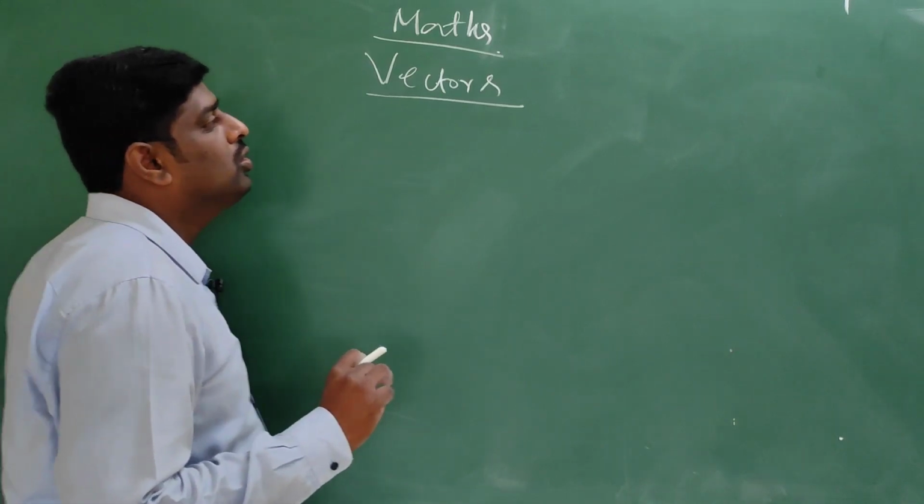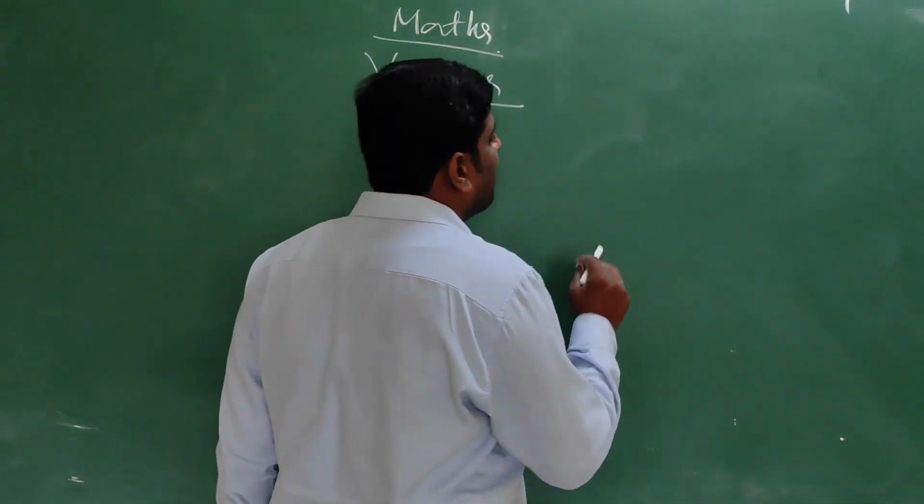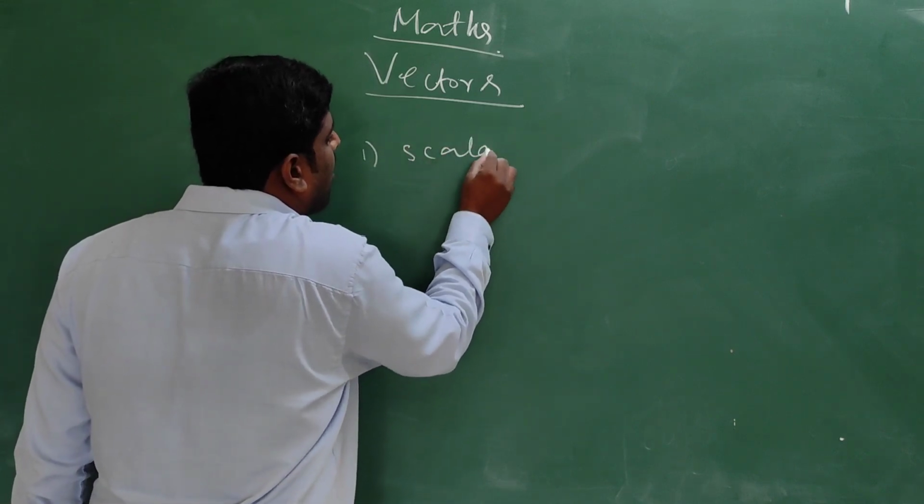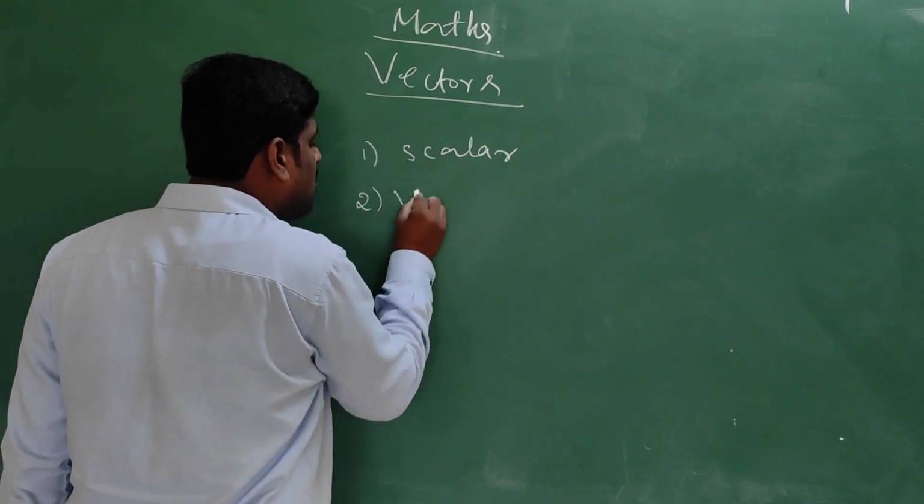Before going to vectors, we should divide quantities into two forms: one is scalar, another is vector.